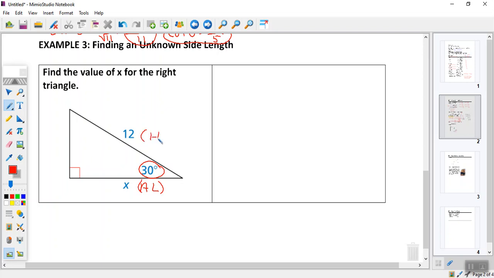Okay, thinking about SOHCAHTOA, which of the 3 trig functions, sine, cosine, or tangent, is going to involve my adjacent leg and hypotenuse? Not cotangent. Secant. It's cosine.